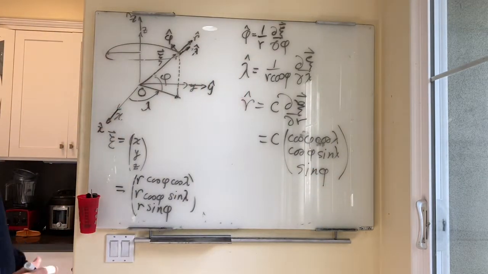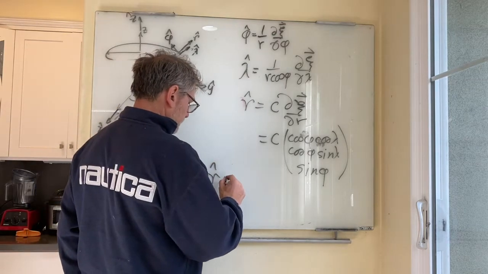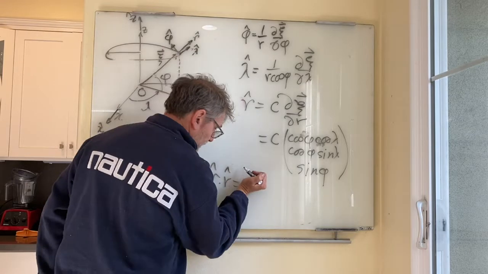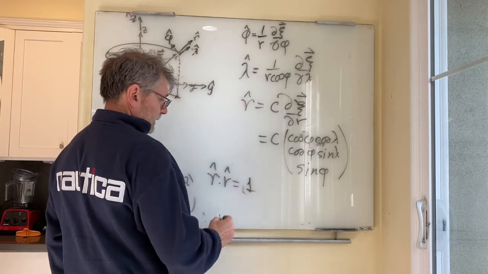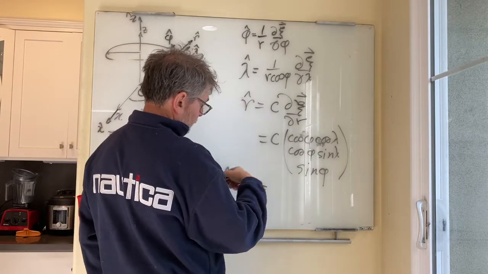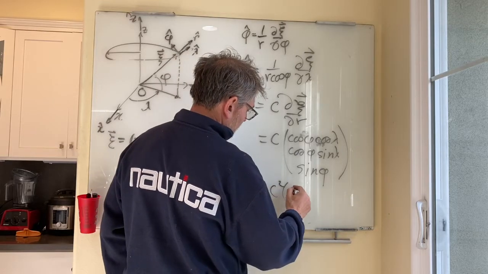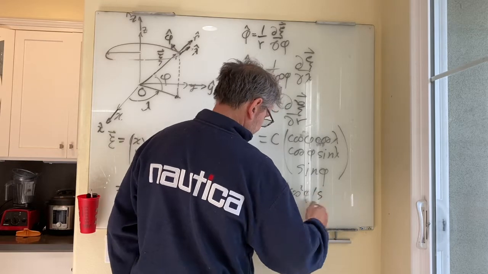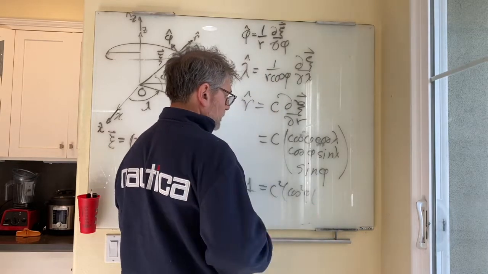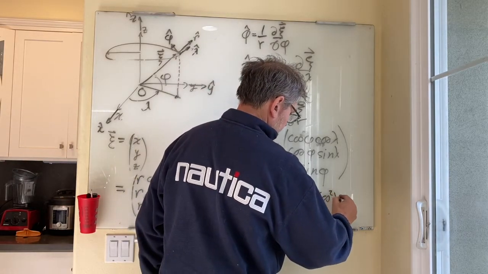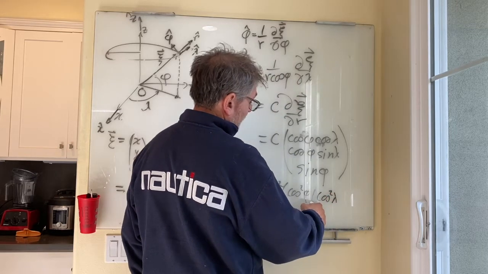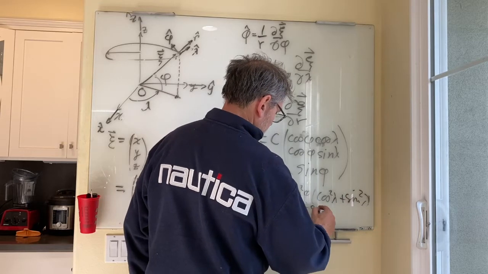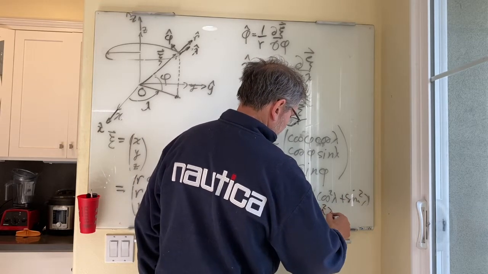And if we want a unit vector, we want r hat dot r hat to be equal to 1. We compute r hat dot r hat and get c squared times cos squared phi cos squared lambda plus cos squared phi sine squared lambda plus sine squared phi.